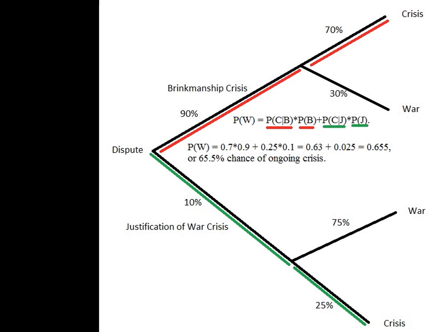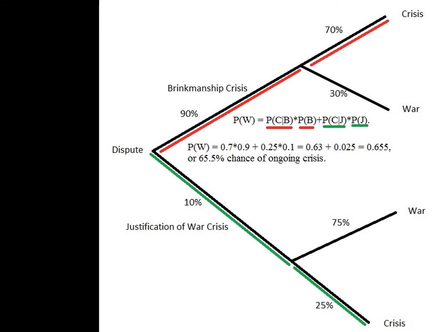The second question is, what is the probability of an ongoing crisis? So the procedure is to map out the causality chain on the extensive form game. So we can see the formal equation that we have, which is the probability of a crisis.